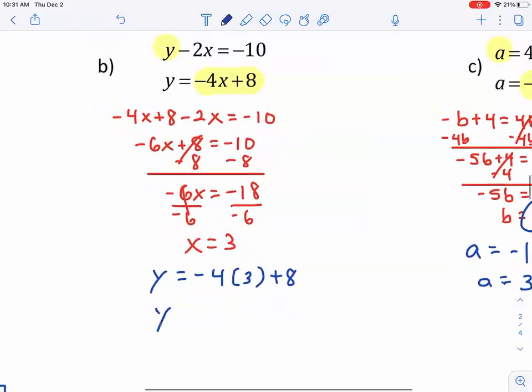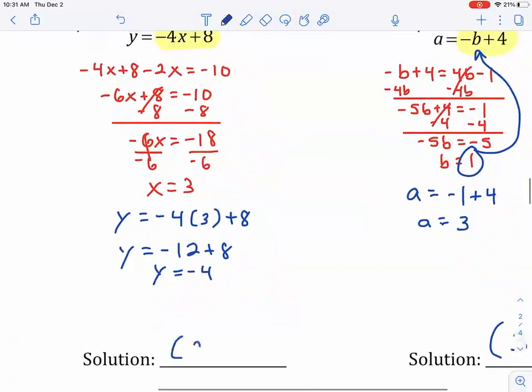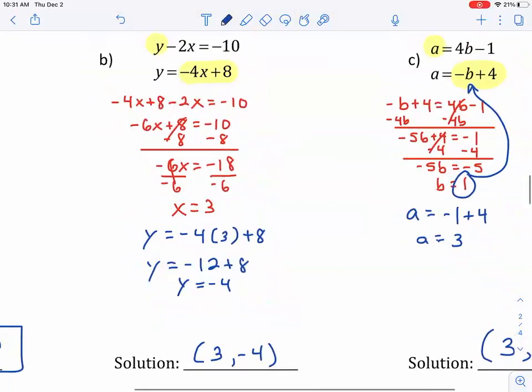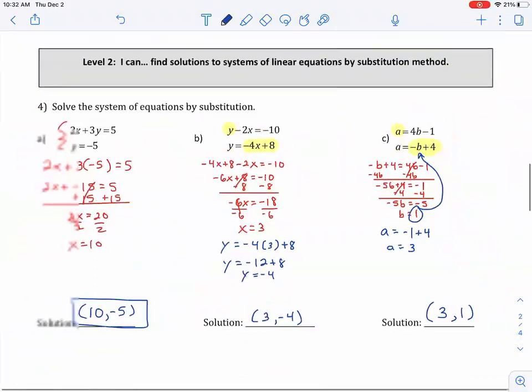So I get y equals -12 plus 8, and y equals -4 then. So our solution is 3, -4.